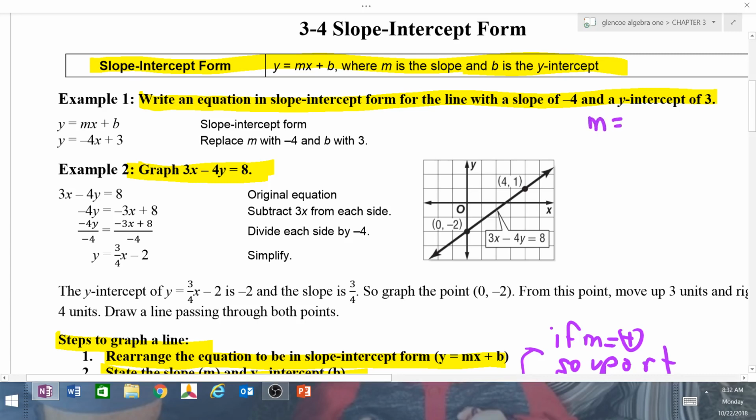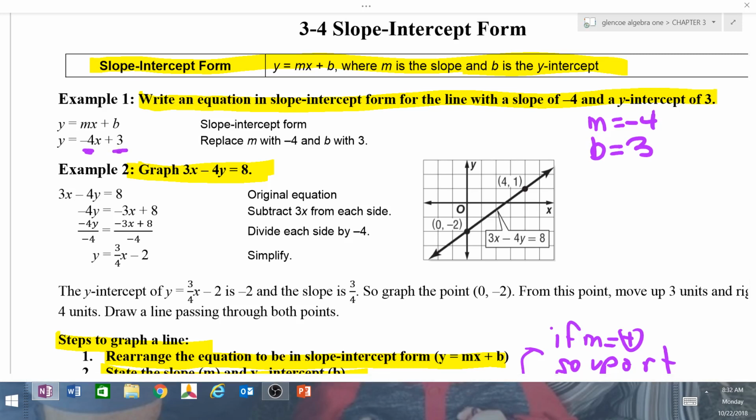So my m is -4, my b is 3, and basically all I am going to do is replace m with -4 and b with +3. All we are doing is plugging it in.